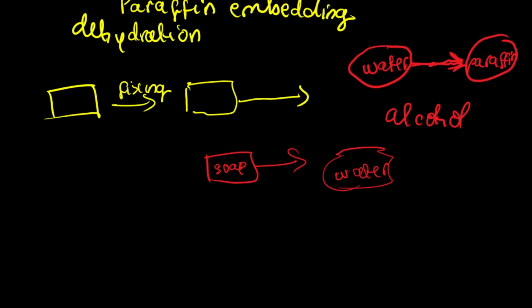The next step under the paraffin embedding is clearing. Okay, from dehydration we have our tissue block, and instead of water in our tissue block, what we have is alcohol, ethyl alcohol.